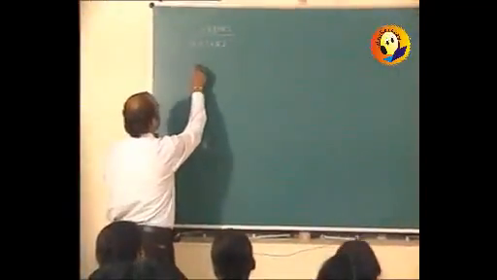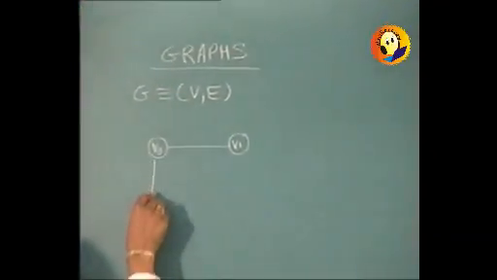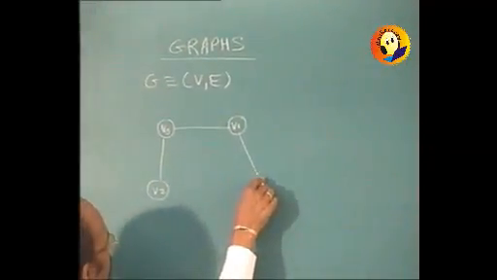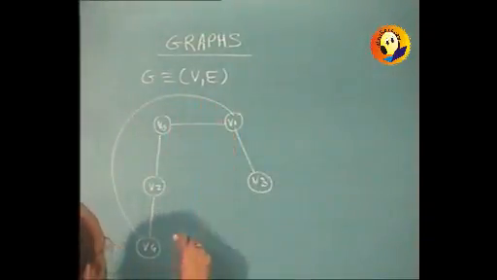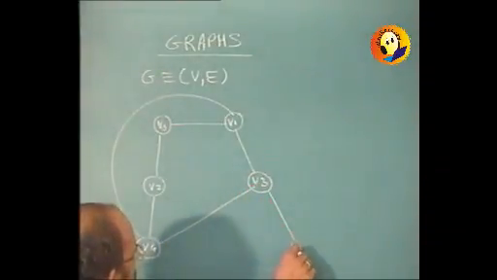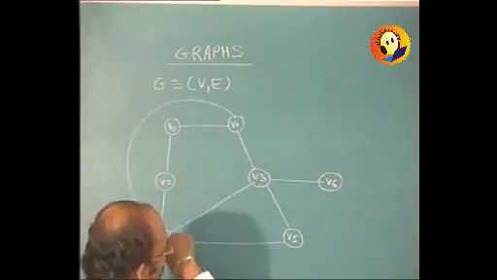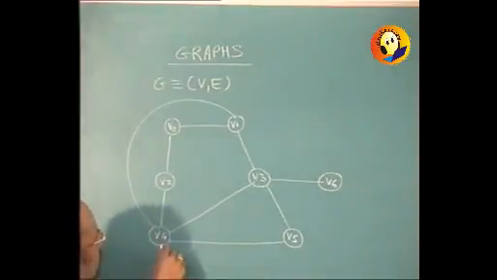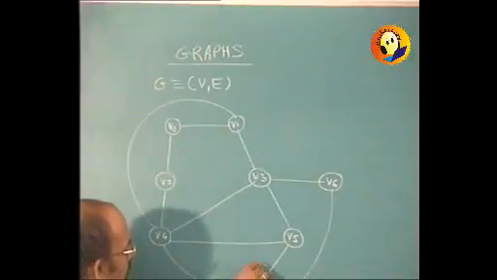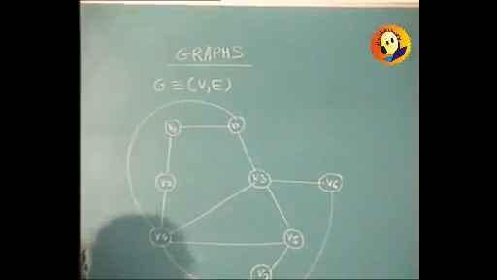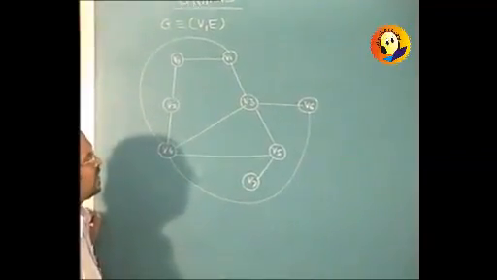So for example, consider this graph, and this graph can be represented internally by what is known as the adjacency matrix.